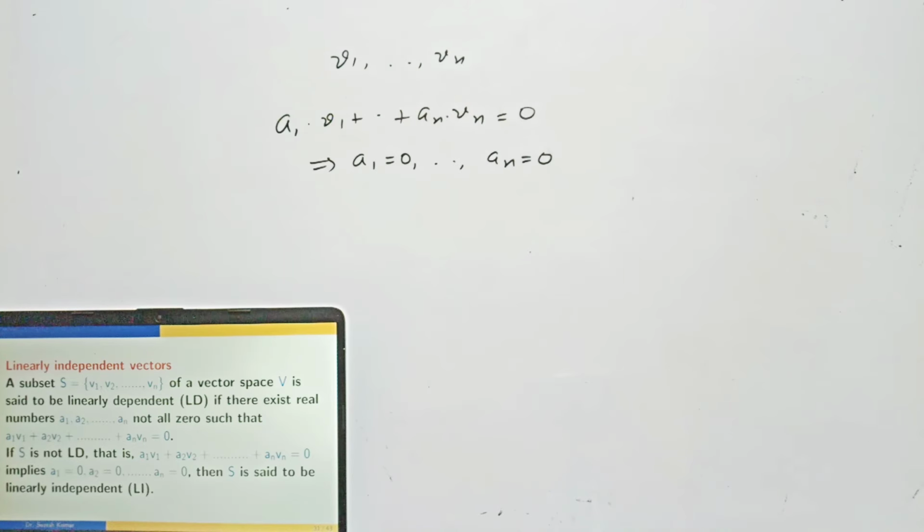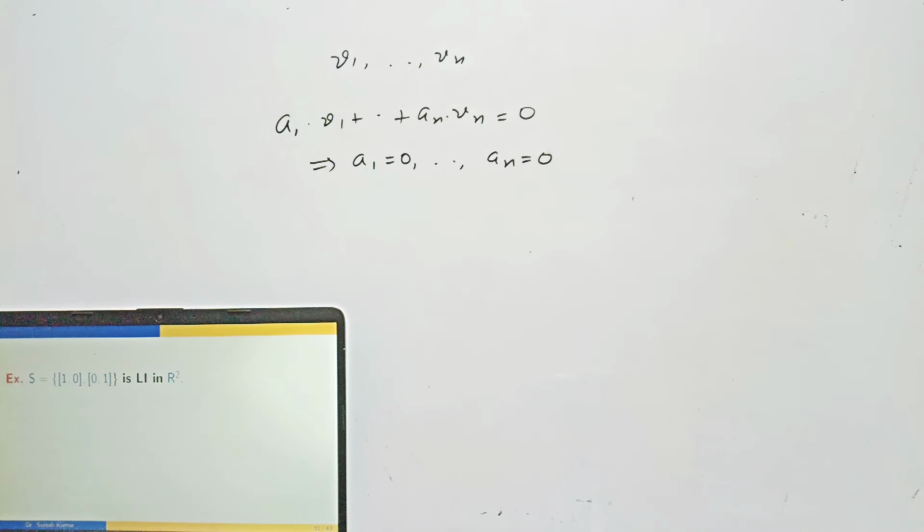Otherwise, the vectors are linearly dependent. Okay, so you can recall that it is similar to the concept that I told you in chapter 1 regarding linear independence of row vectors of a matrix. So instead of row vectors, now here these are any vectors in the vector space V.